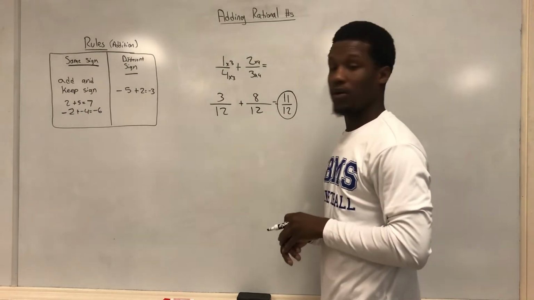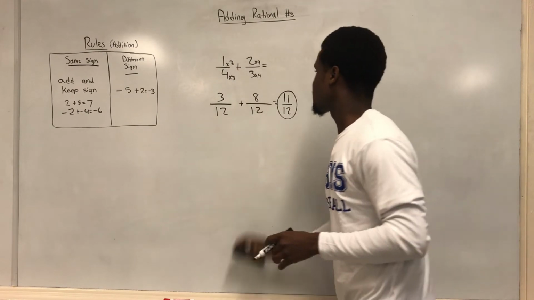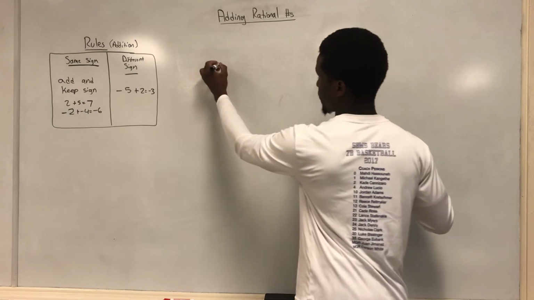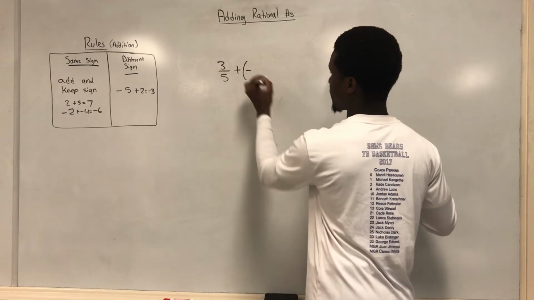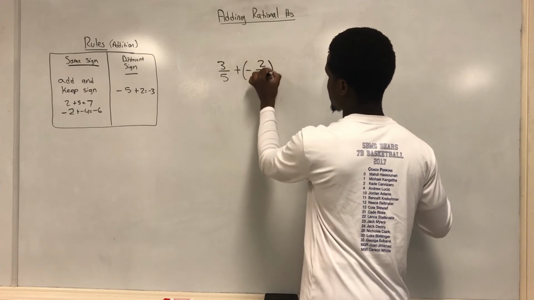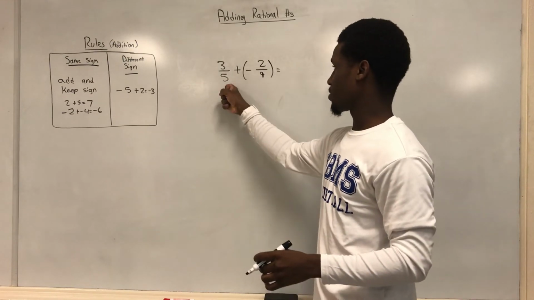Okay? Now, let's take those rules and look at some different signs. So, let's say we had 3/5 plus a negative, let's say 2/9. The first thing I have to do is make sure my denominators are the same.